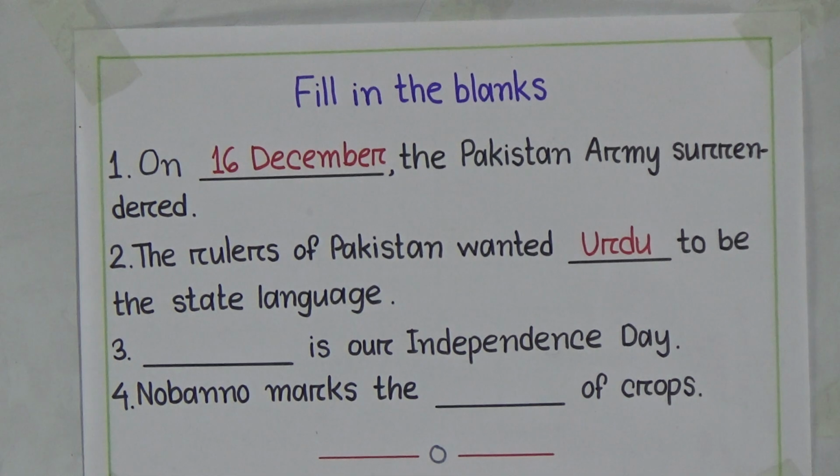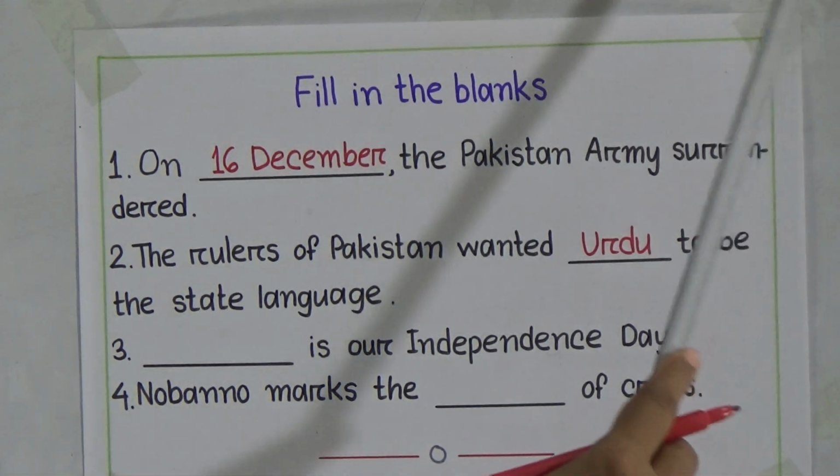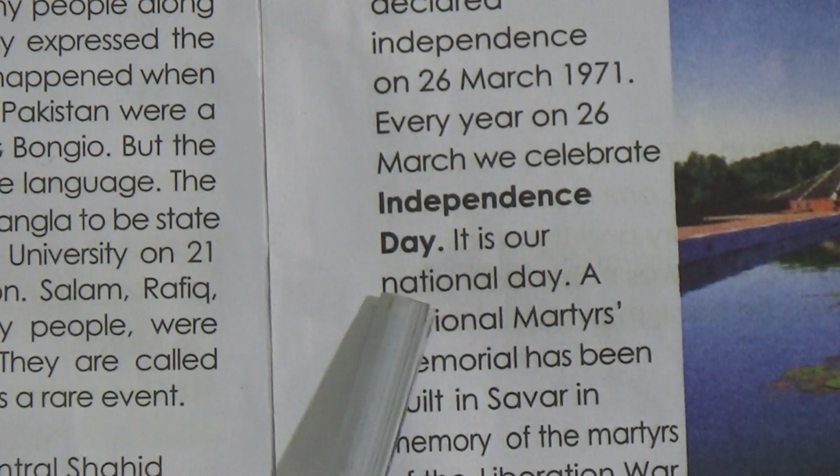Now, come to number 3. Dash is our Independence Day. Can you say which is our Independence Day? Okay, we'll find the answer in lesson 2. Look here. Every year on 26th March, we celebrate Independence Day.